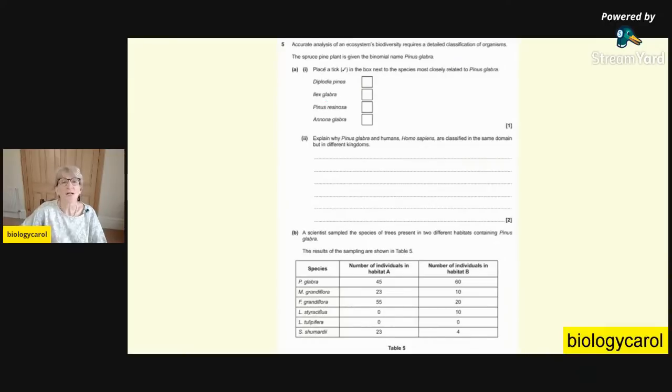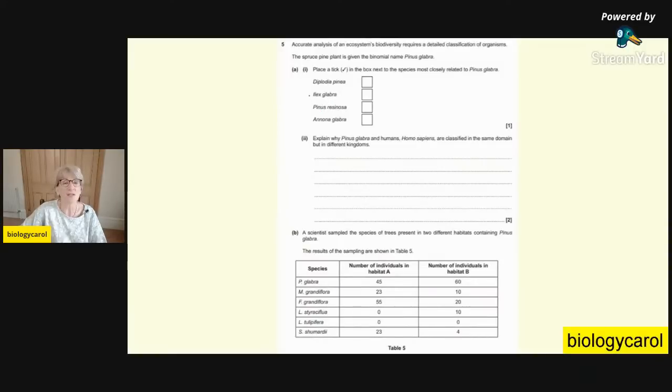Okay, so right. Spruce pine plant is given the binomial name Pinus glabra. Place a tick in the box next to the species most closely related to Pinus glabra. Well, I think rather obviously it is Pinus. Oh, this was a bit of a nasty one.